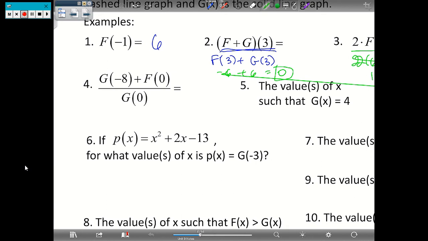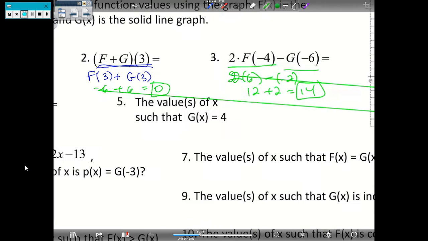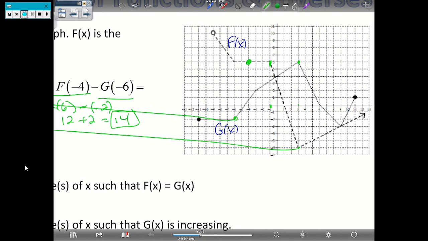Number 4 is just one more complex. Again, we're going to read these values off of the chart. So g of -8. Let's go over here, -8 would be here, so we're looking for this value. G of -8 is a -2, plus f of 0. f is the dotted line one.